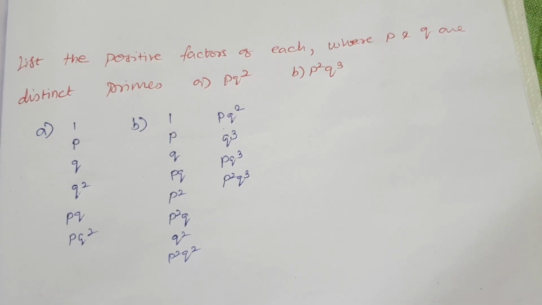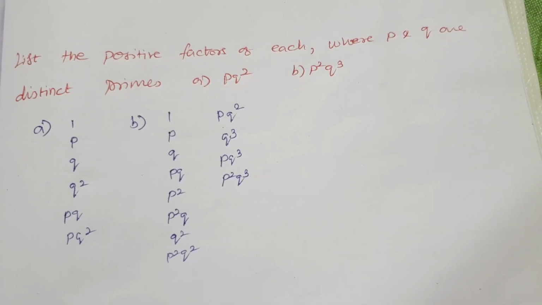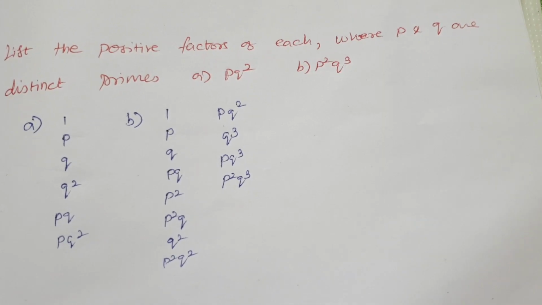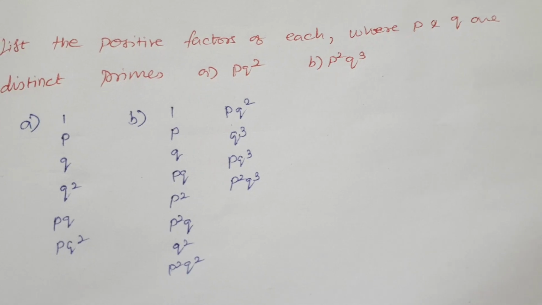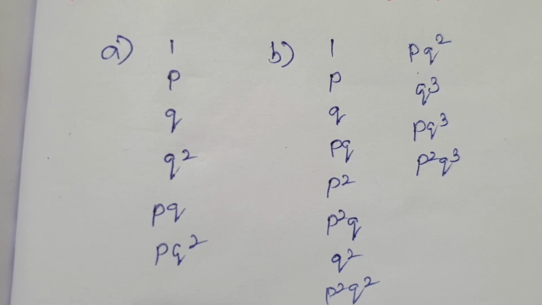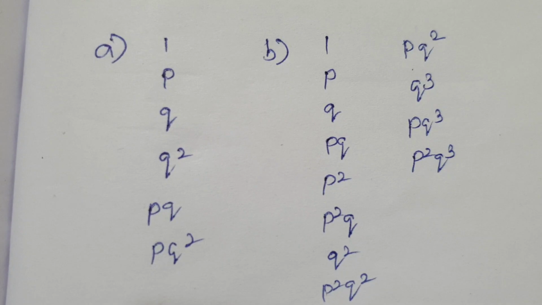In this problem, they asked to list the positive factors of each, where p and q are distinct primes. In the first one, p q squared, the positive factors are 1, p, q, q squared, p into q which is pq, and p into q squared which is pq squared.